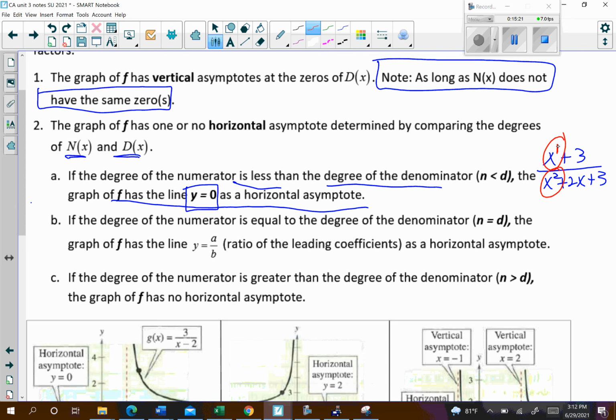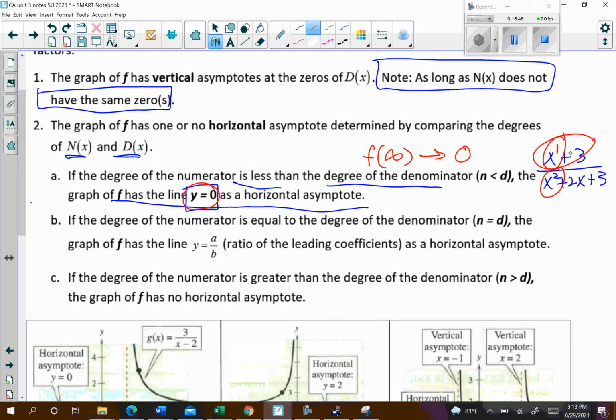If the power on top is smaller than the power on bottom, it automatically goes to y equals 0. That should make sense, because if you were to plug in f of, basically, infinity, it's going to converge to 0. Yes, you have a huge number on top.